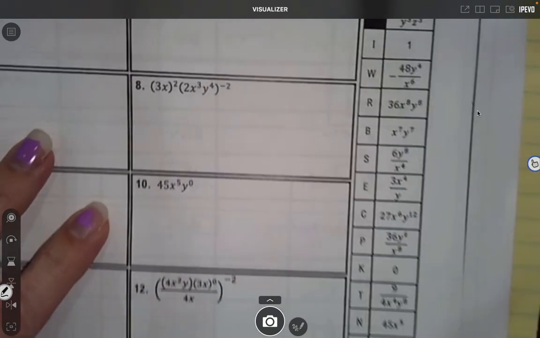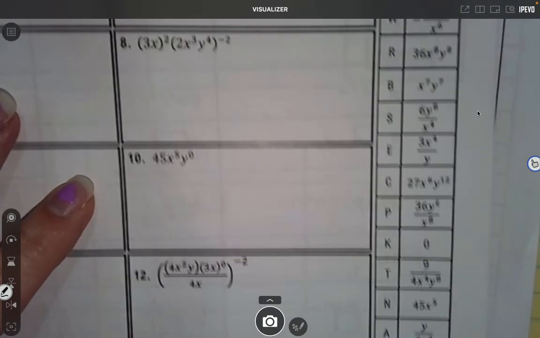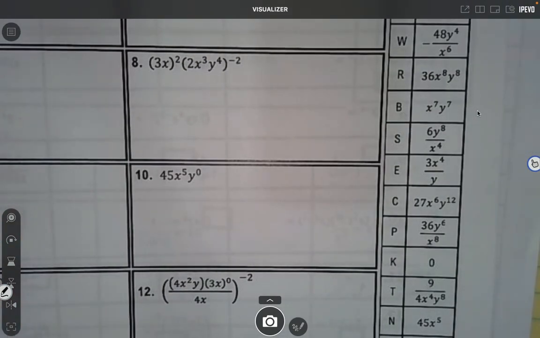So number 8, you're going to take that negative 2 and I'm going to raise everything to the negative 2. I'm sorry, positive 2. I was looking at the wrong one. 3 squared, x squared. Is everybody good with my first parentheses? What am I going to do with the second set of parentheses?